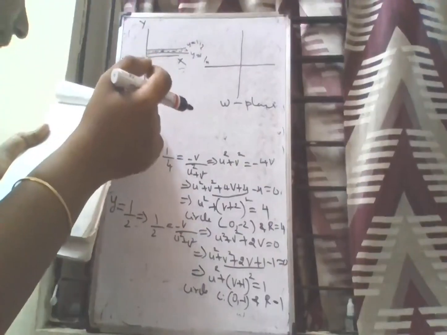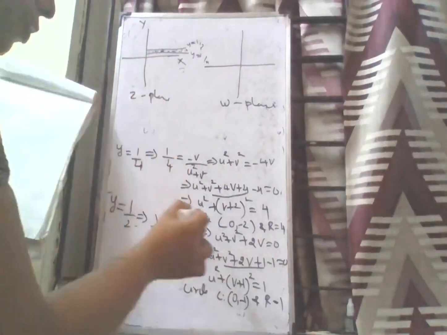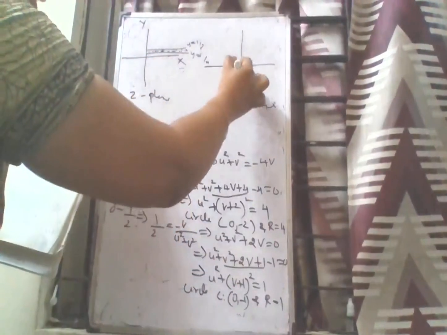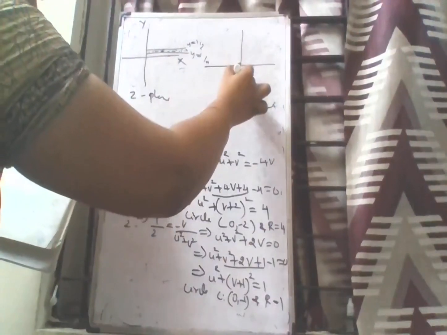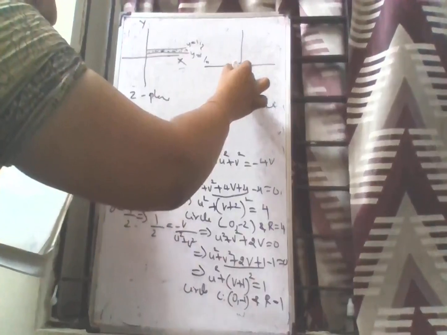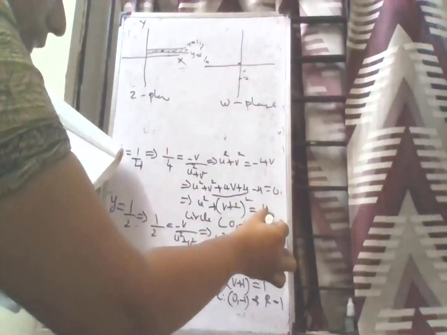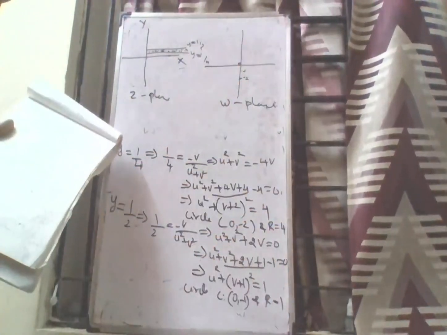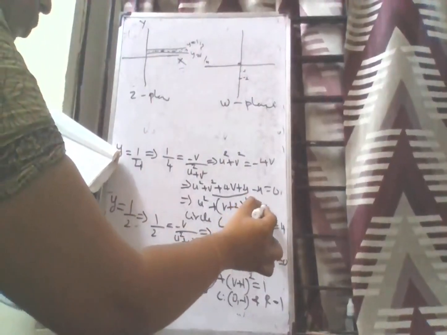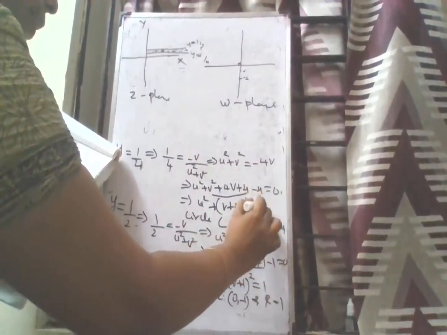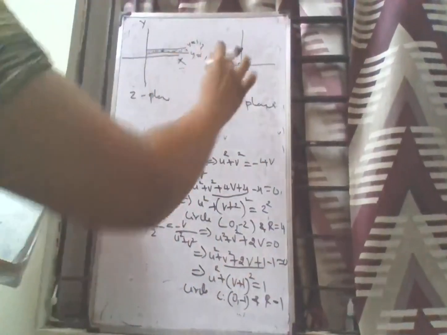Okay, the image for the first circle, 0 comma minus 2. So this is 0, this is minus 1, this is minus 2. Keeping minus 2 as center, radius how much? I told you to remember. Radius 4? Okay, a square, so radius should be 2 only, no? Actually 4 can be written as 2 square, so radius 2.